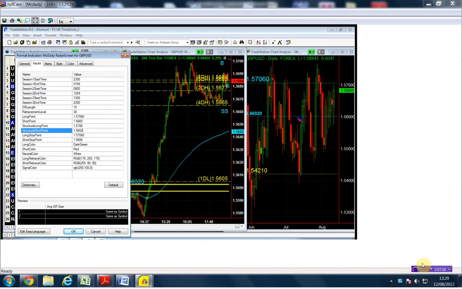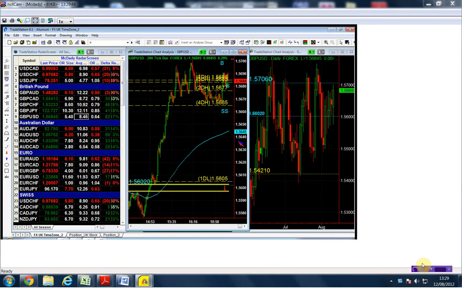And keep in mind, this thing is flipping between those two structure points. So if we sell short over here and we come down to the 156.02, you immediately move your stop to the 156.02. If it penetrates the 156.02, that immediately becomes your new stop. Okay?